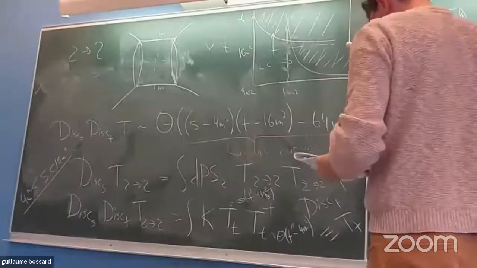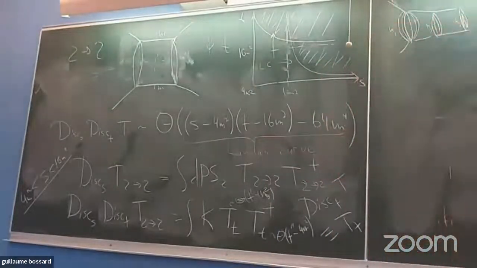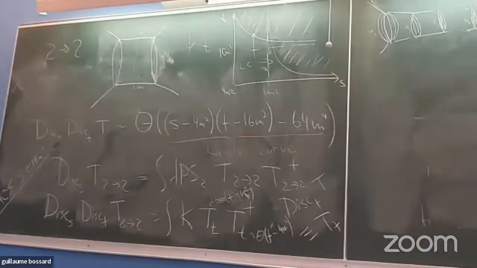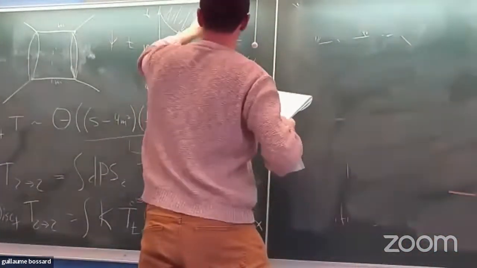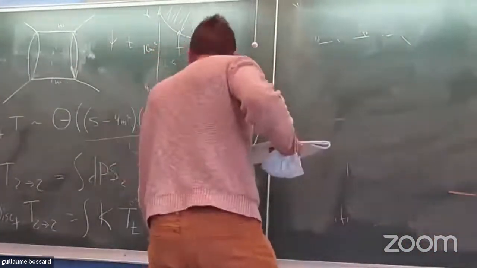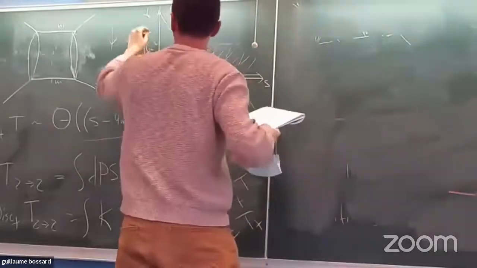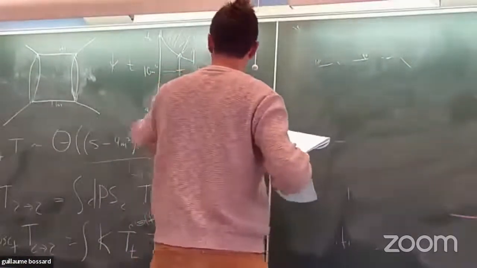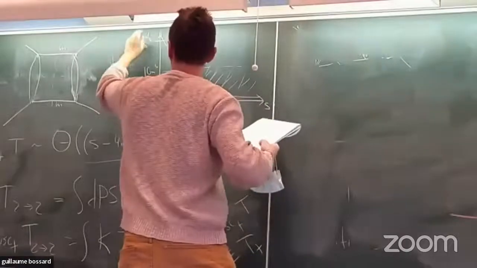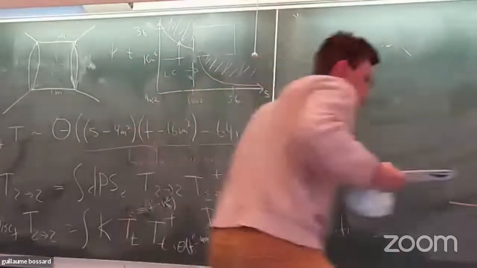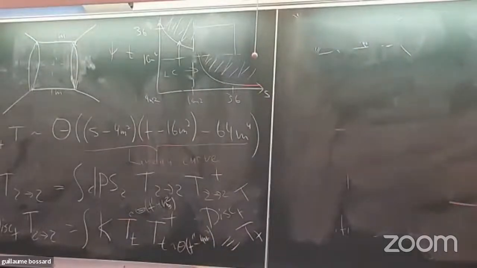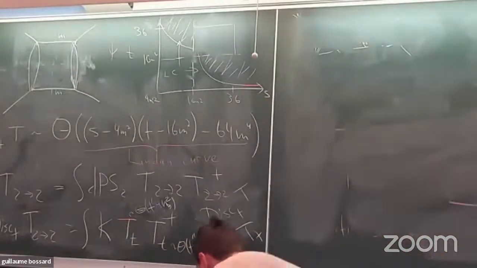So what we did in our paper, we looked at the next more complicated region, which is this. So let's say we take 16 here, 16 here. Let's take 36. So let's look at this region.